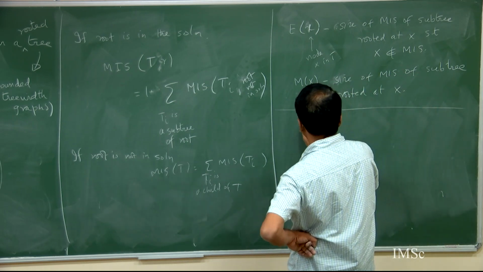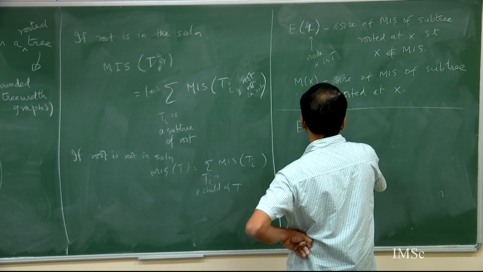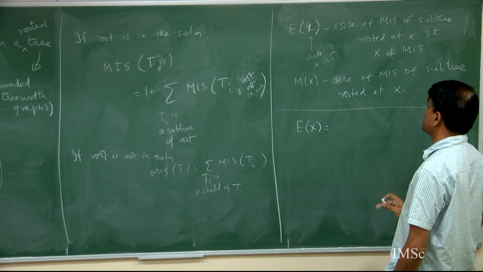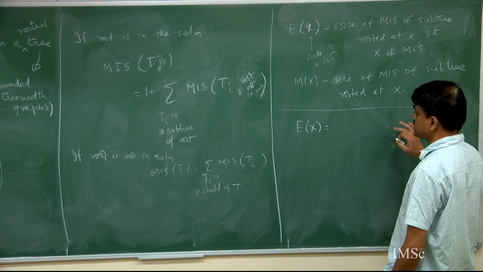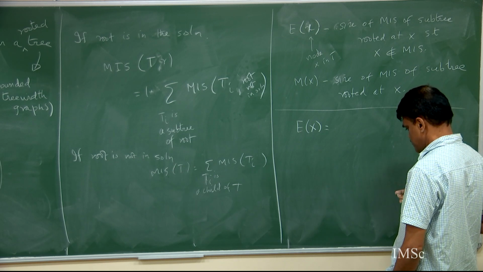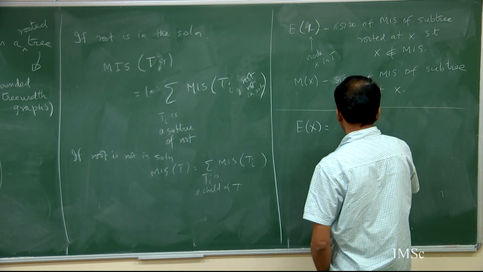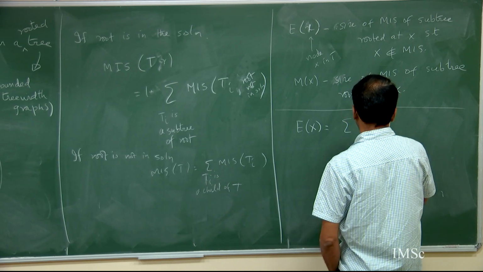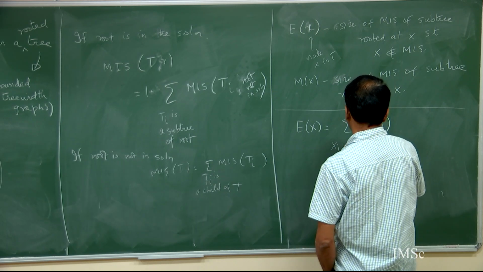So, what is E of x? The size of the maximum independent set at x such that x is not in this solution is simply the summation of M of xi, where xi is a child of x.